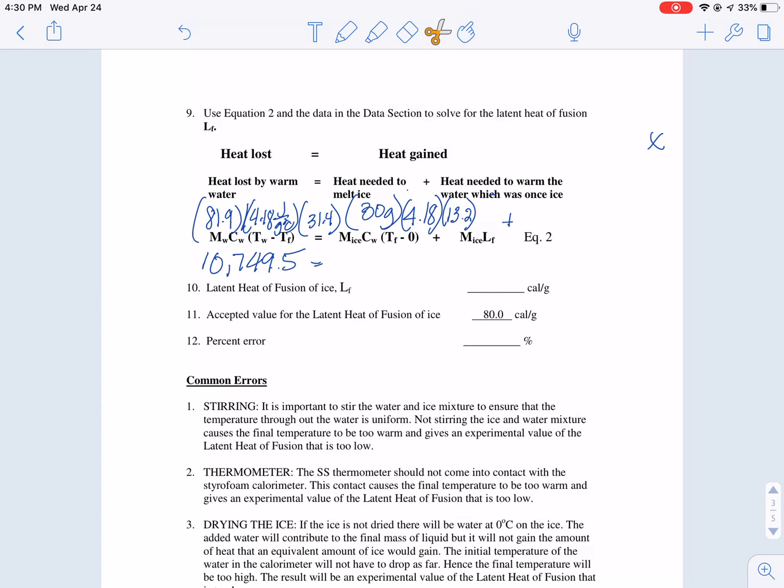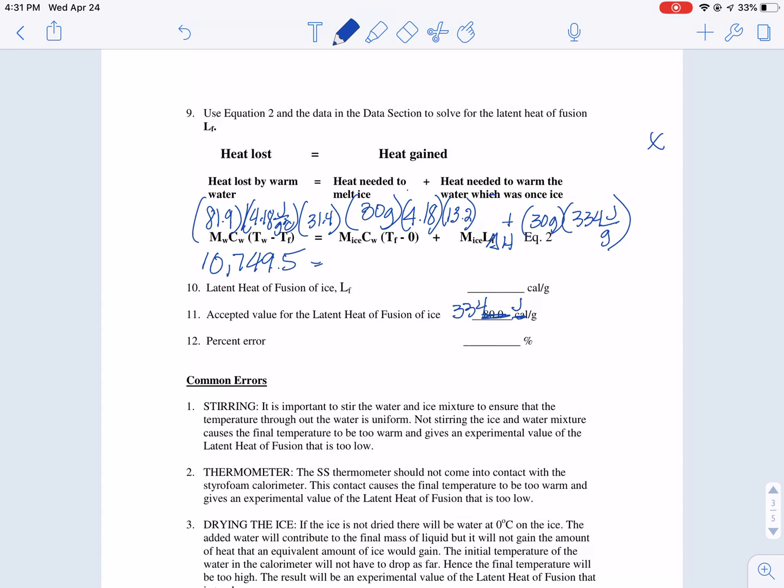All right, now I'm going to do the mass of the ice times the heat of fusion of the ice. And that value is 334 joules per gram. So you're going to take the mass of the ice, which was 30 grams in my case, times 334 joules per gram.